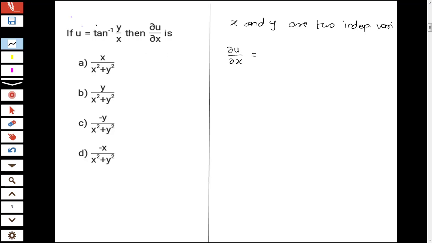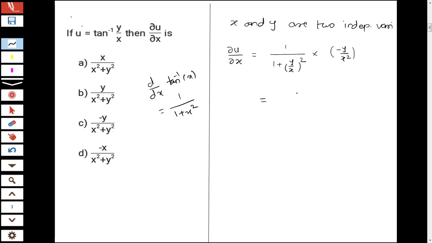We know the basic formula: the derivative of tan inverse of x is 1 upon 1 plus x square. So by using that, the derivative of tan inverse of y by x will be 1 upon 1 plus (y by x) whole square, into the derivative of y by x with respect to x, treating y constant. That will be minus y upon x square, because y is a constant and the derivative of 1 upon x is minus 1 upon x square.